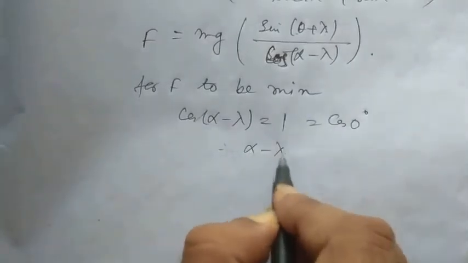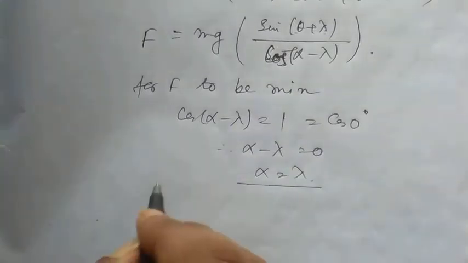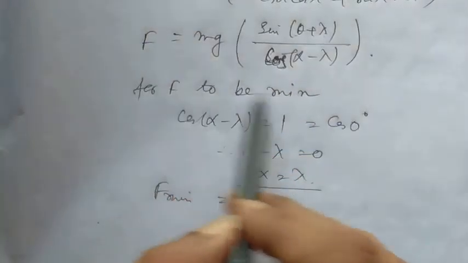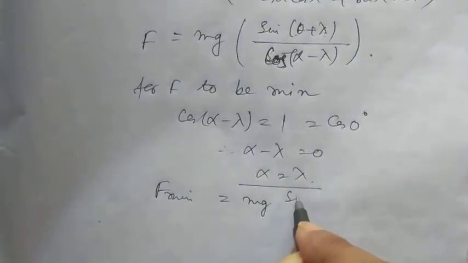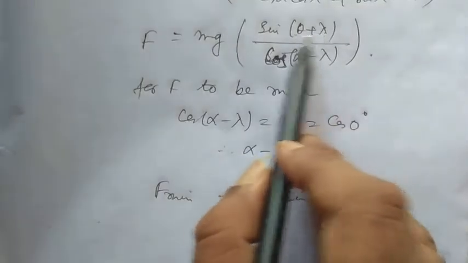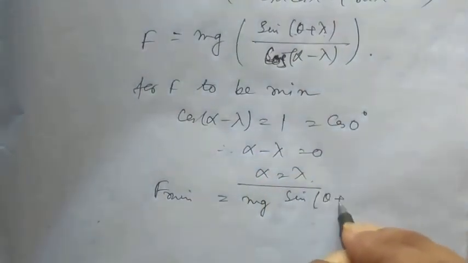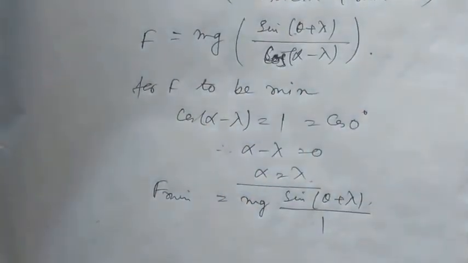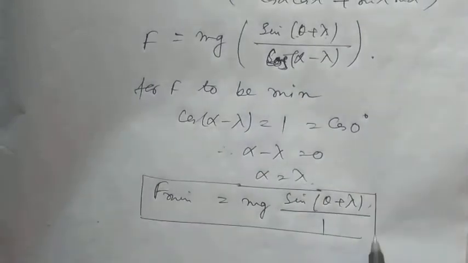So alpha minus lambda is equal to 0, alpha is equal to lambda. Now what is the value of F minimum? This was the expression of F. We replace alpha as lambda, so sine of theta plus lambda remains the same, and the denominator becomes 1. So this is the minimum value of F.